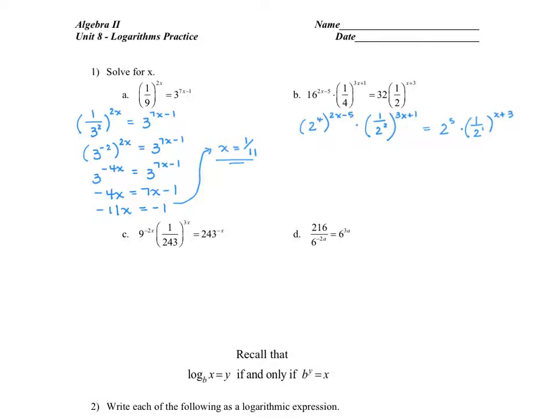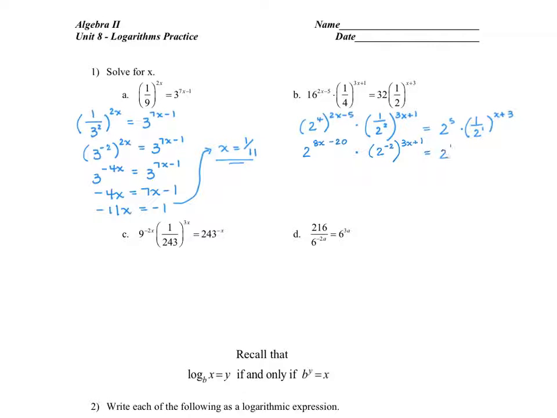Here I can use my power to a power rule, so multiply and get 2 to the 8x minus 20. I need to move the 2 squared out of the denominator, so I'm going to make it a negative exponent and change its location.